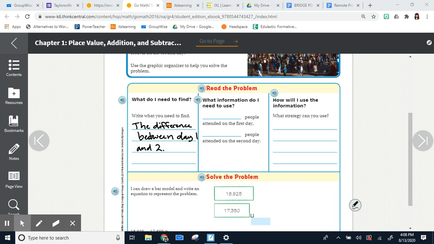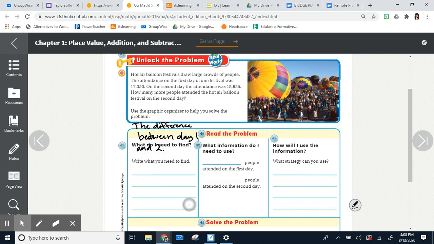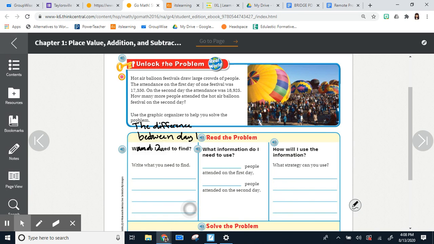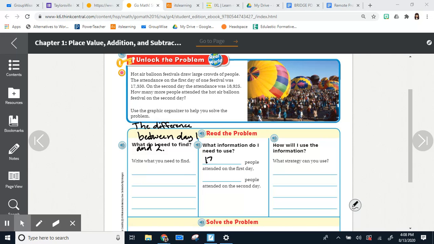Then you would fill in with your numbers here, but it's all the way up there, so I'll have to scroll. On the first day it was 17,350, and then 18,925 on the second day.